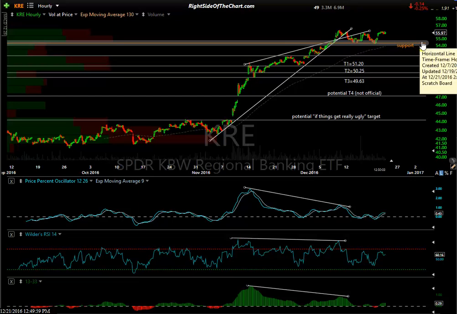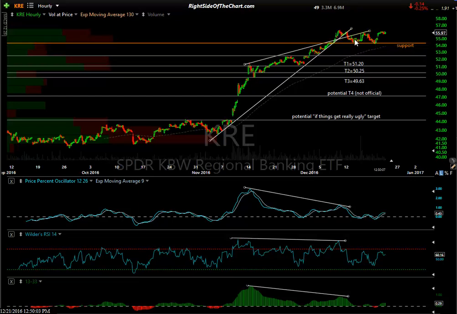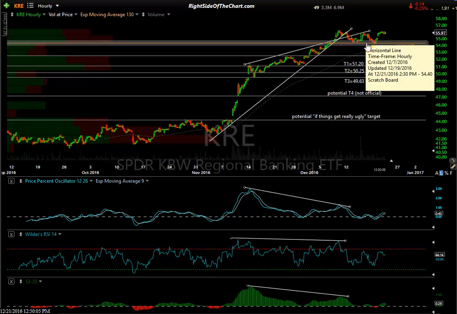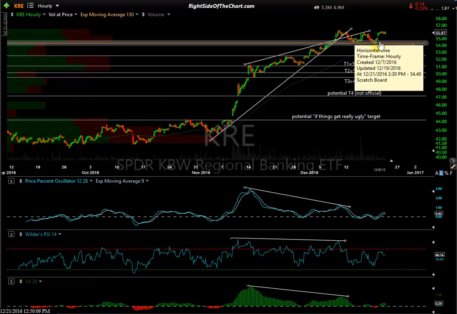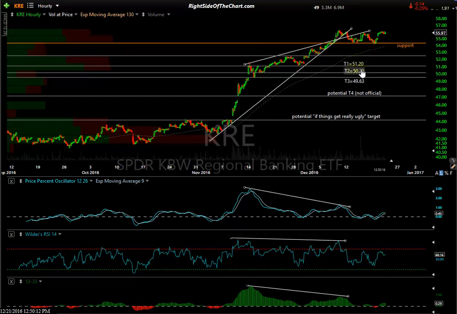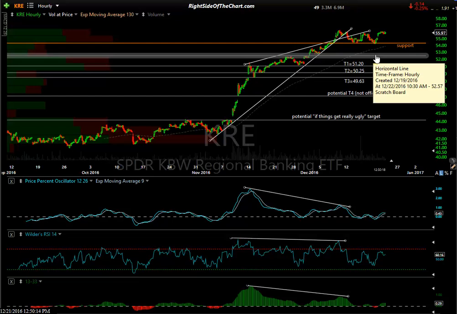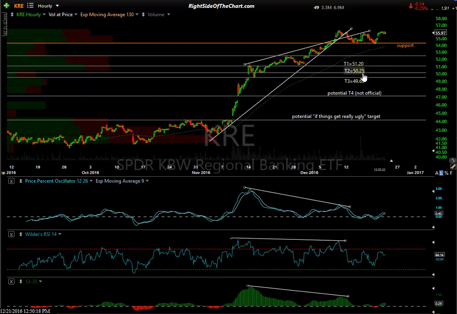That line is at, let's see, 54.40. That's been a pretty well-defined support level since this wedge breakdown. And a move down below there will probably bring that one to any of these targets. Actually, I should revise. There's a first target here, support level around 52.57, and then any of these other targets are possible.